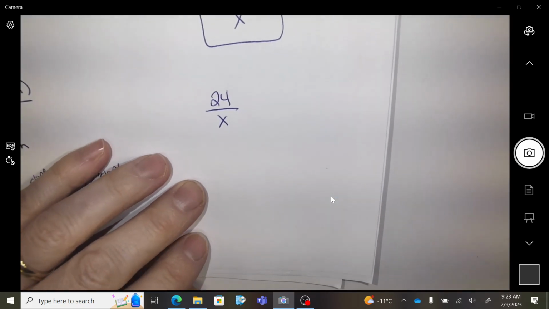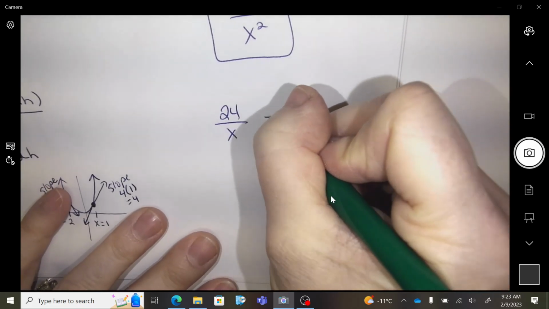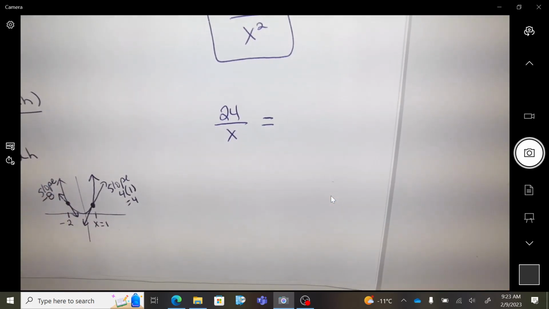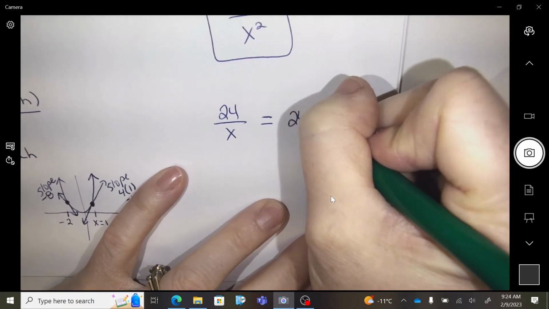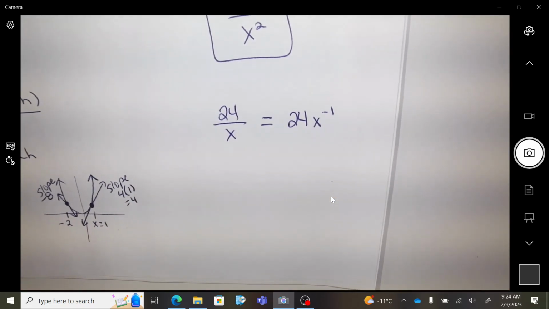Here is our original. Can you think of another way to write that? What do we know about stuff on bottoms? Yeah, x to the negative 1. Right? That's just a different way to write it. Okay, times, what do you get?